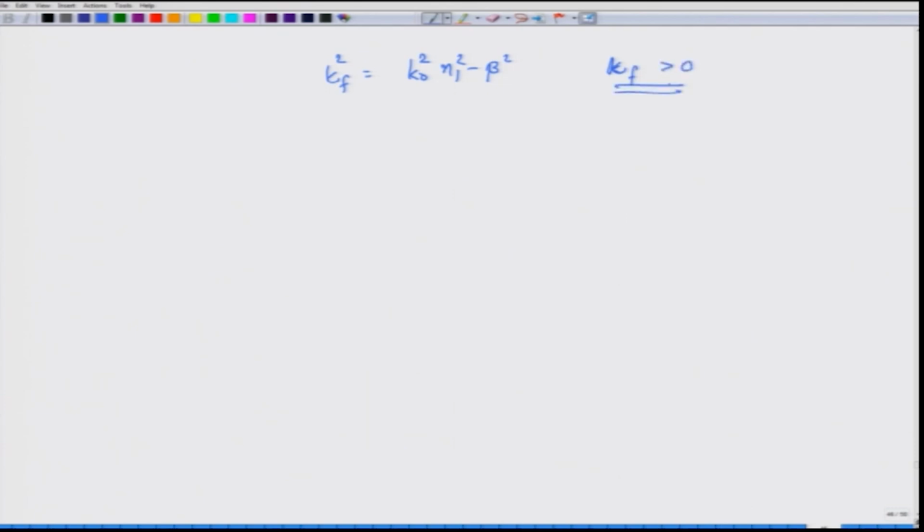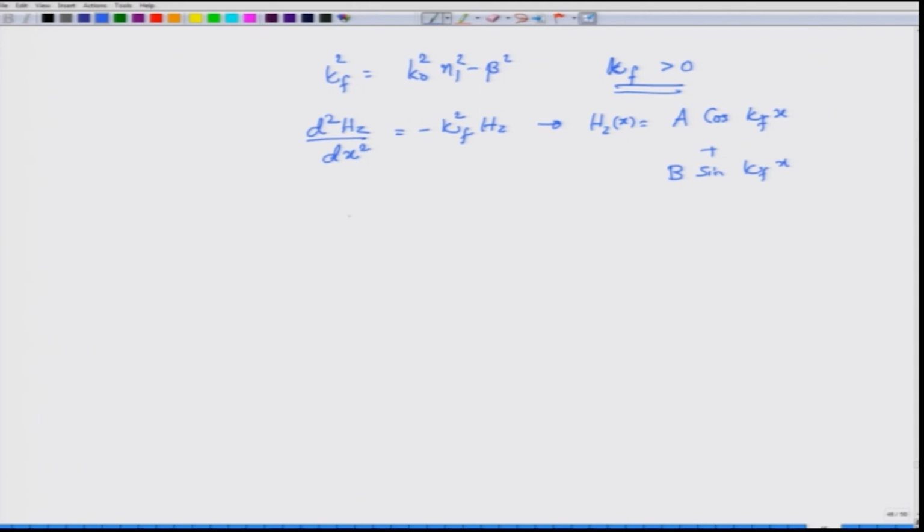Okay. So, only when kappa f is a positive quantity, I will have d square Hz by dx square equals minus kappa f square times Hz have a solution, okay, in the form of a cosine kappa f x plus b sine kappa f x. Okay. So, this should be the condition within the film.